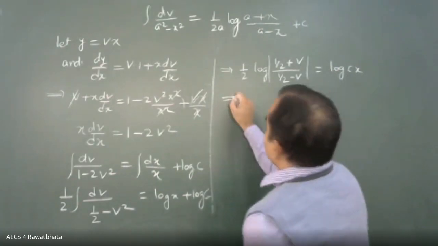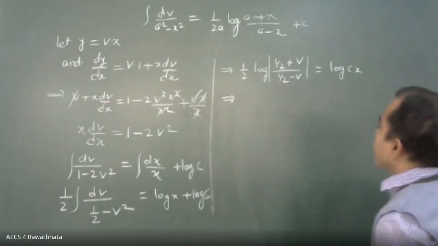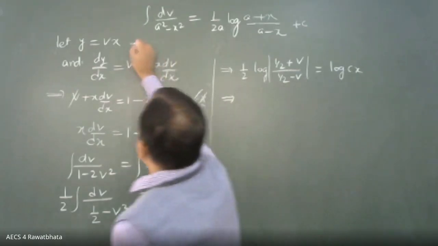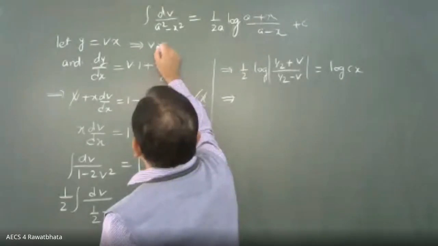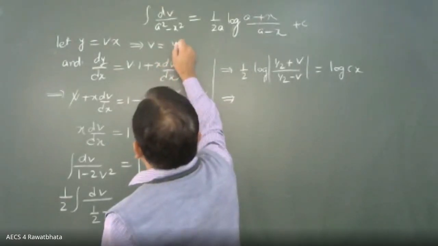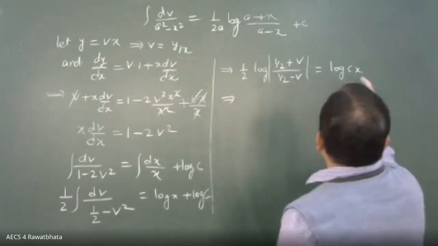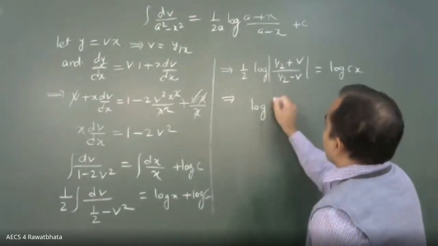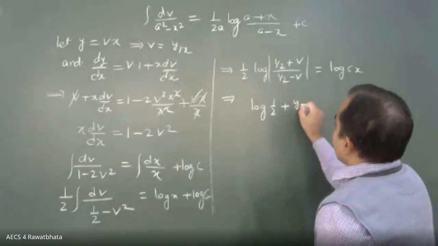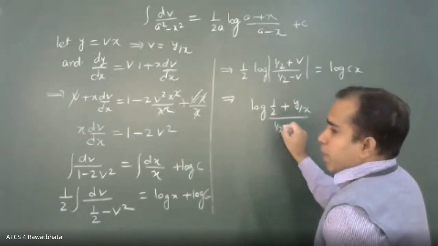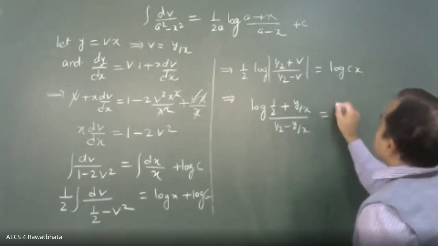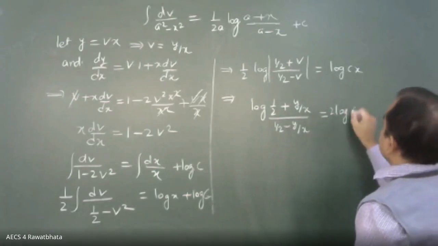So now v की जगह पे मैं put करने जा रहा हूँ v equals to y upon x. So this will become half को मैं right hand side में shift करता हूँ log half plus y upon half minus y upon x, and this will become log 2 log cx.